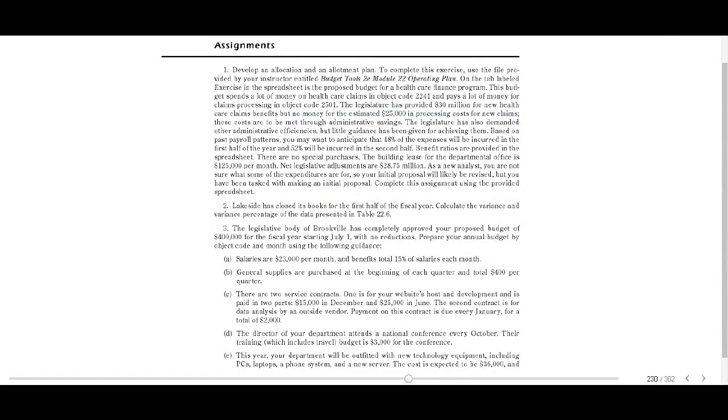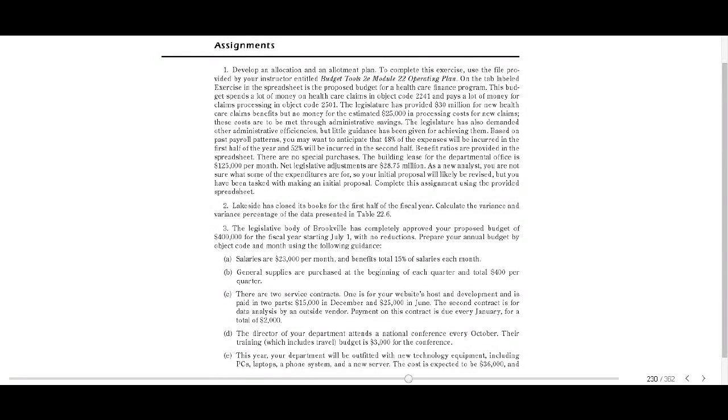So they gave you the money for the claims, just not enough to process them. That's the unfunded mandate part. You have money, but not as much as you need. So essentially, you're going to have to find $25,000 in savings to expend this money.